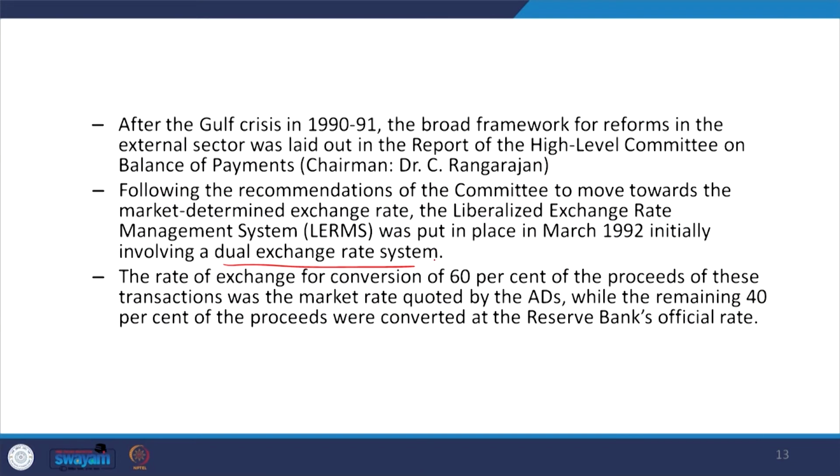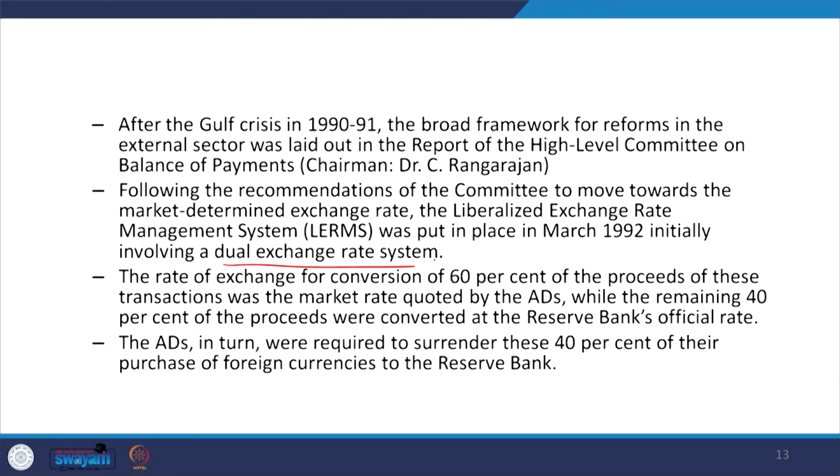So, there is a dual exchange rate system. 60% of the proceeds of the transaction were at the market rate quoted by the dealers, and the other 40% of the proceeds were converted at the Reserve Bank's official rate. So, the dealer as well as Reserve Bank official rates are mixed to define the exchange rate. That is the reason why it is called the dual exchange rate system.